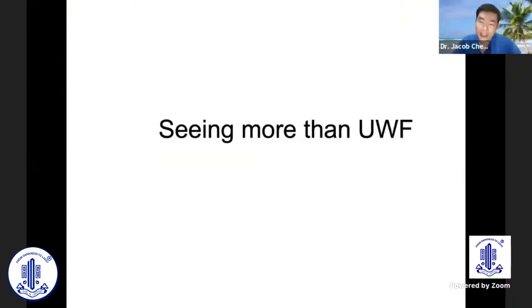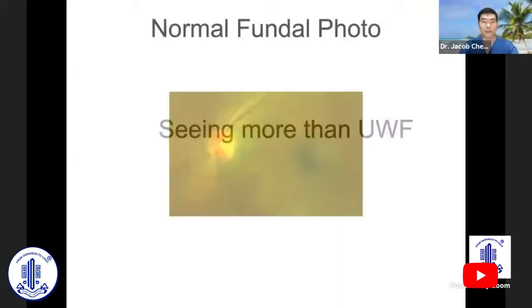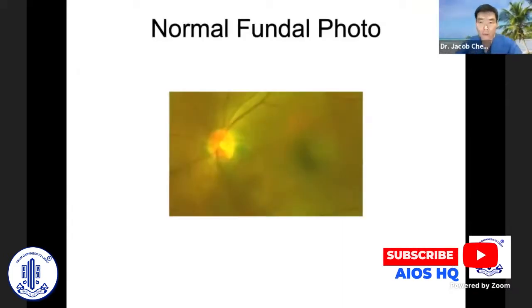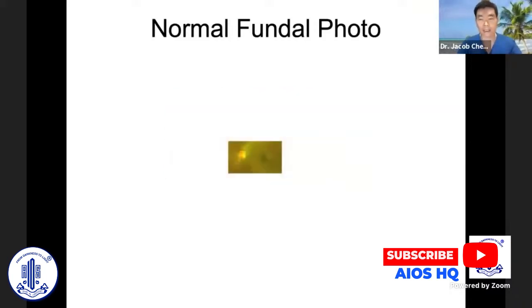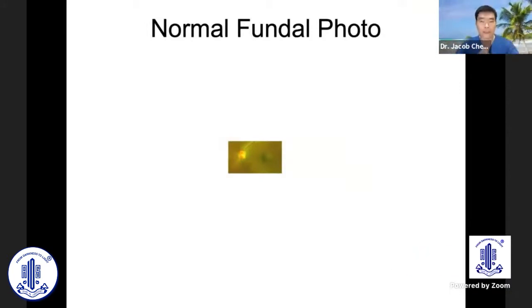Actually, I want to retitle my talk, rather than just clinical experience, as seeing more than just ultra-wide field. Again, we have heard from the experience of earlier speakers, in excellent presentations, that you can see so much from ultra-wide field. What can we actually see more than ultra-wide field? We are all familiar with the normal fundus photograph with the disc as well as the fovea macula, but essentially this is a normal fundus photograph in the presence of an ultra-wide field.